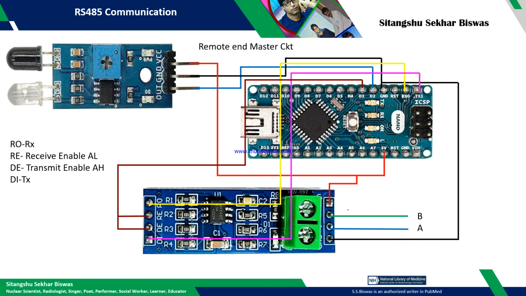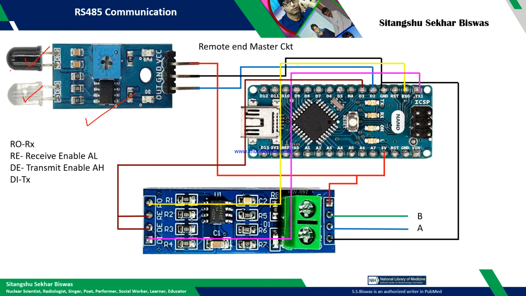So here we will first learn the connection. What we are going to do here, basically there will be an IR infrared sensor. So this is that infrared sensor. One LED is working as a transmitter, another is a receiver.